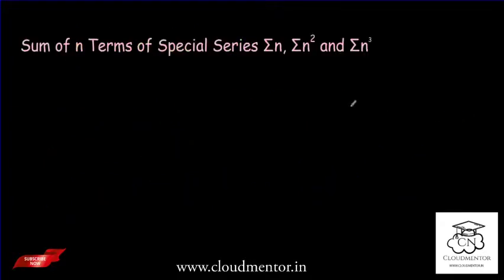And the next topic is the sum of n terms of special series, that is n square and n cube. Generally, to find the sum of n terms of any series, we can use the sigma before the nth term of the series.